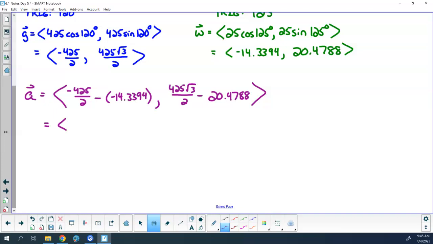Anybody? What do we get for the component form of vector A? Do we agree with those? Again, that was negative 198.161 or 1606 and 347.582.